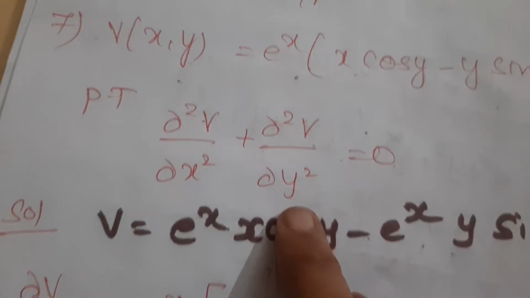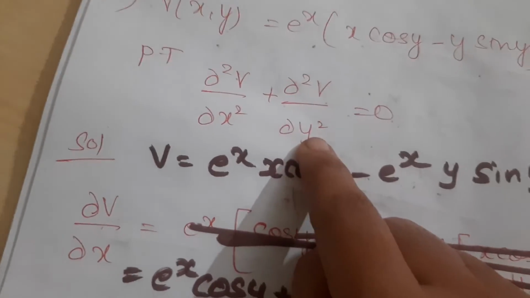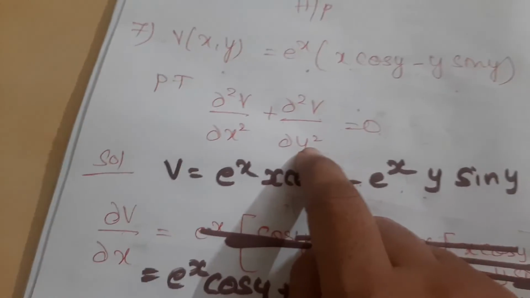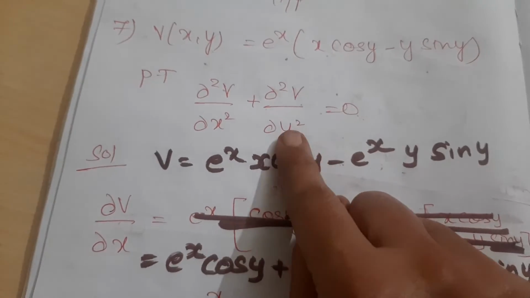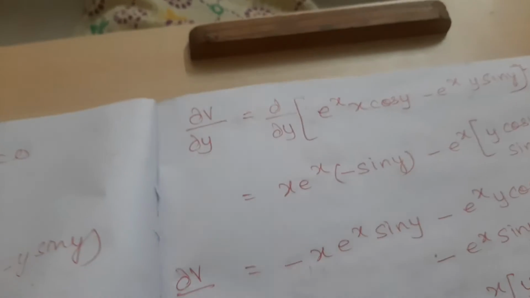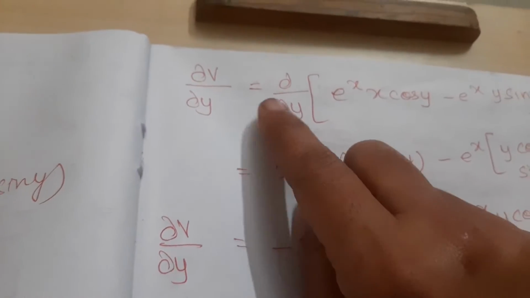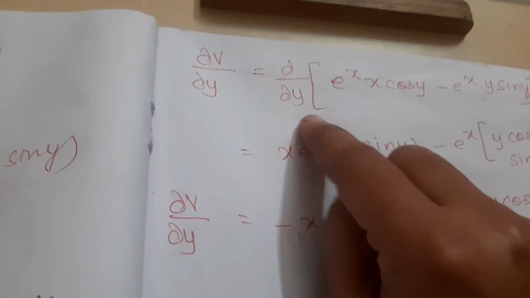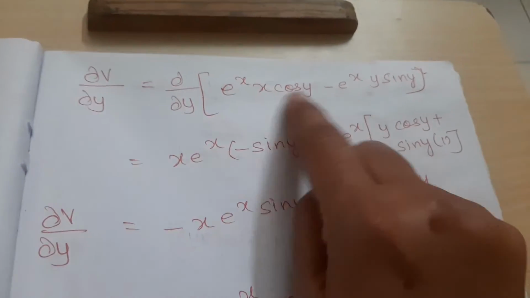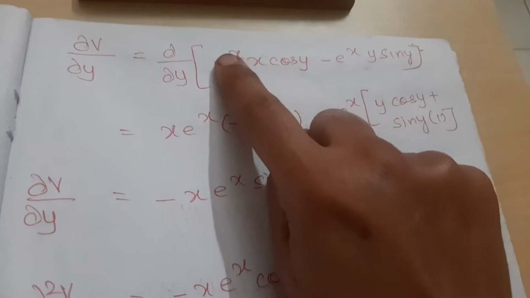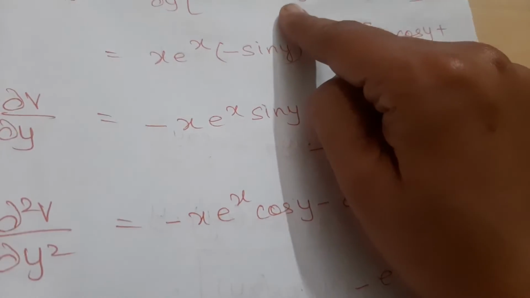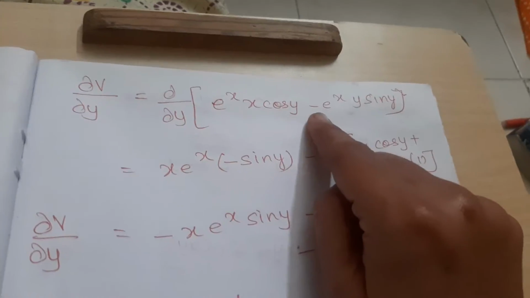Then I want to find the second derivative of v with respect to y partially. So dou v by dou y is equal to dou by dou y of the given function, e power x x cos y minus e power x y sin y.